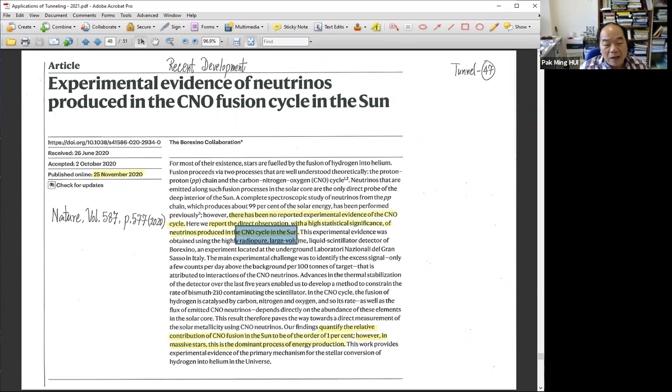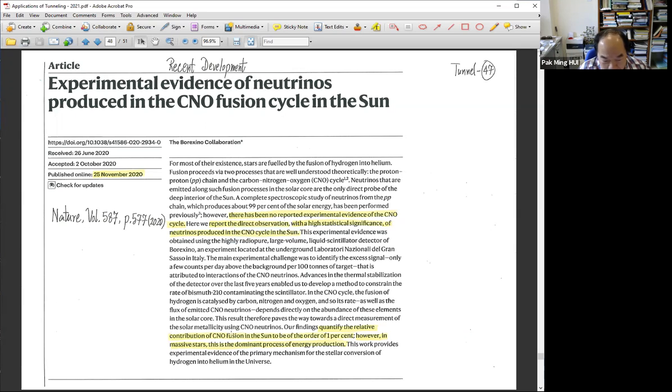Okay? They claim they report direct observation with high statistical significance, beyond any sigma, and that this cycle is also occurring in the sun. They observed the neutrino, actually.